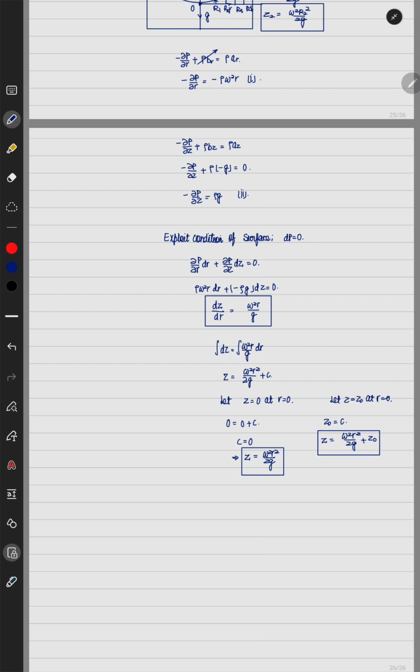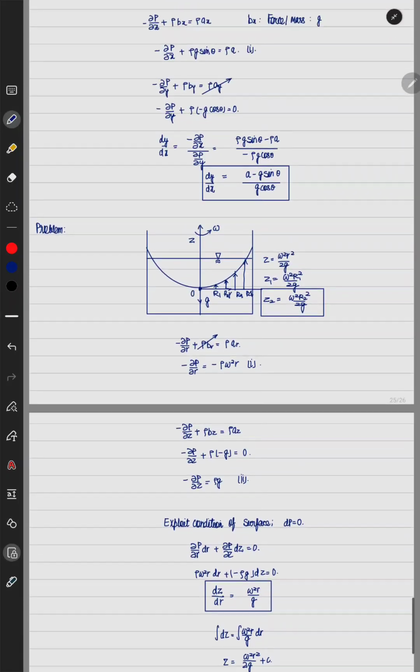Let us say this is point O, and this point is z0. Above z0, we are evaluating the height of the surface. Similarly, I can get z1 is equal to z0 plus ω²r1² by 2g. Again, z2 is equal to z0 plus ω²r2² by 2g.